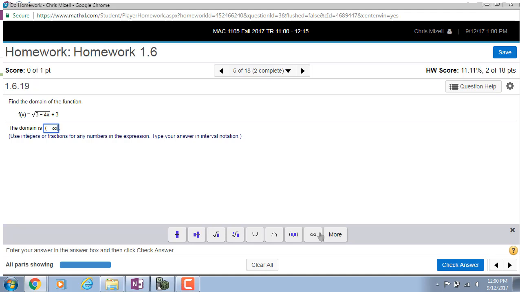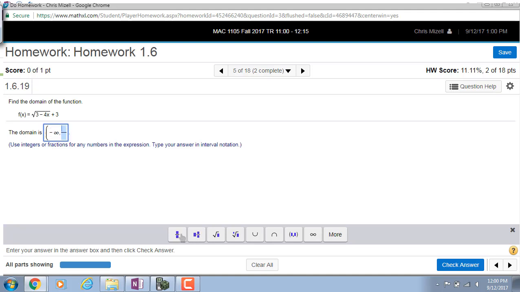There it is. Comma. Maybe the fraction. 3 and then 4. Or you can just type in 3 with a backslash, 3 \ 4, will give us the fraction. And then it includes the 3/4, so then the square bracket. Check it.